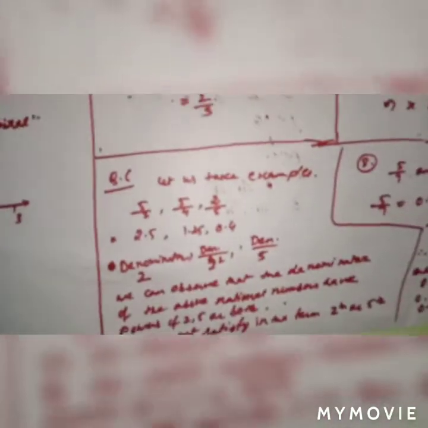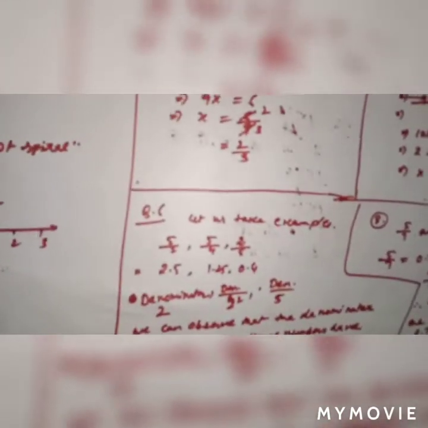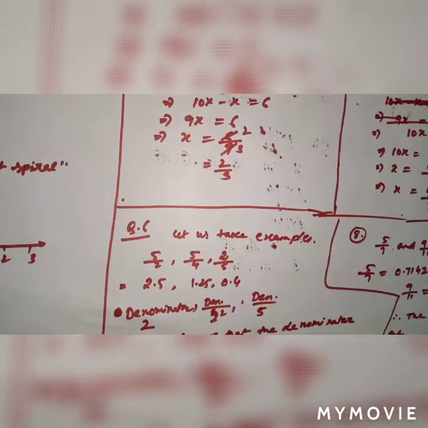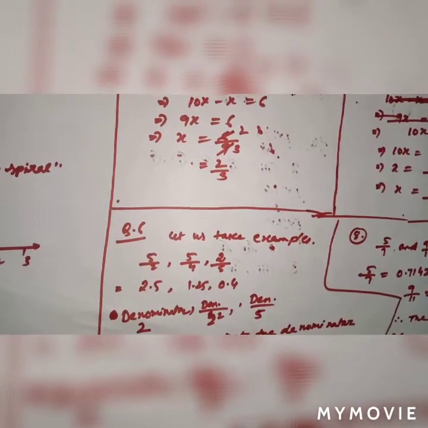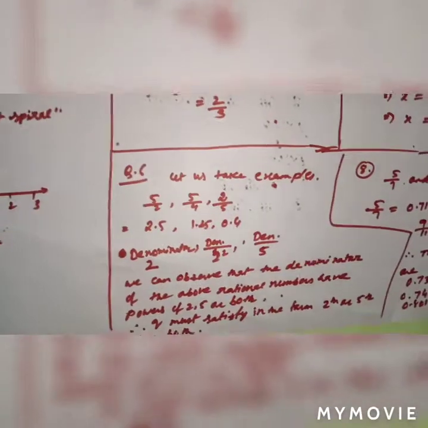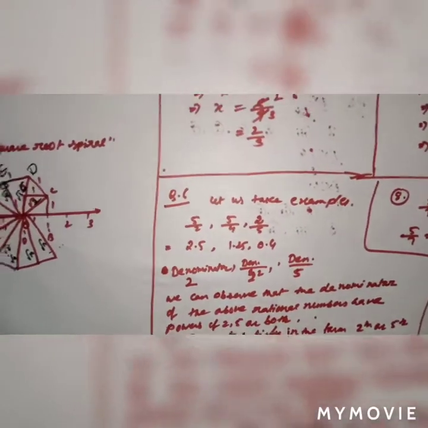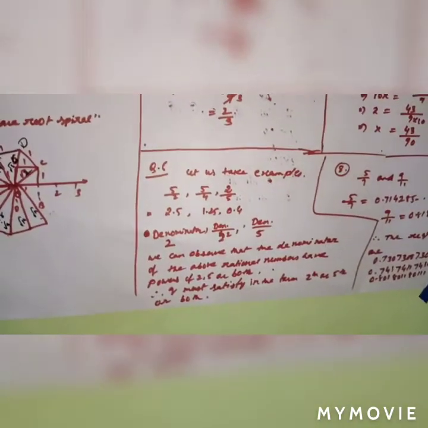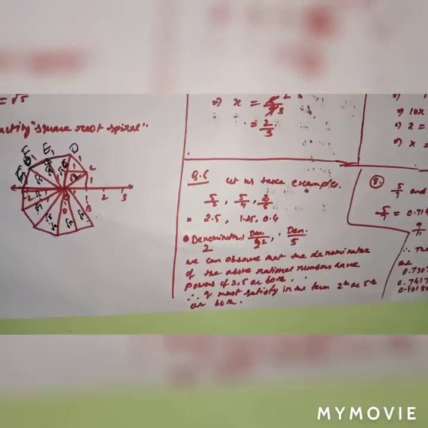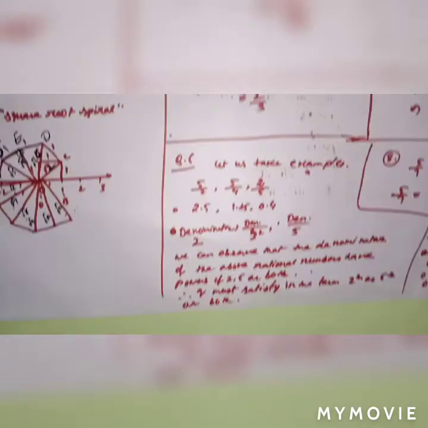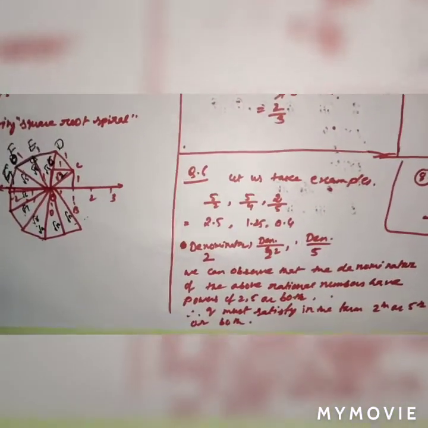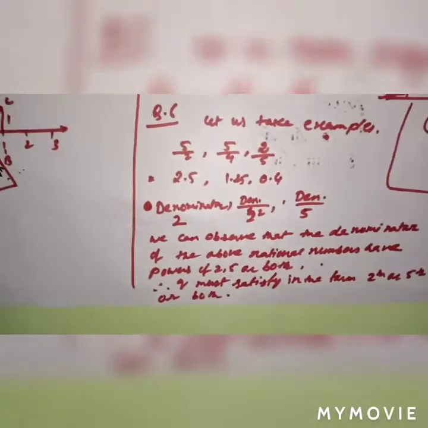Next, let us do question number 6. Actually, I forgot to write the question, so I will repeat it and explain it. The question is about those numbers that are terminating. Terminating or non-terminating, both have the p by q form.